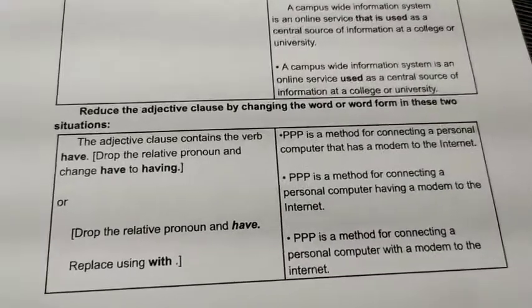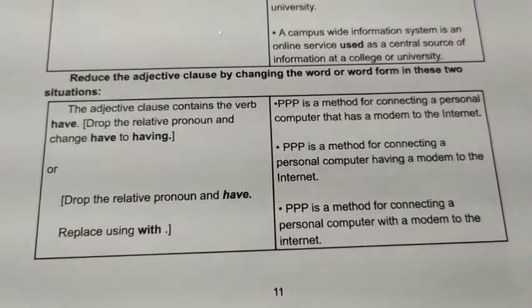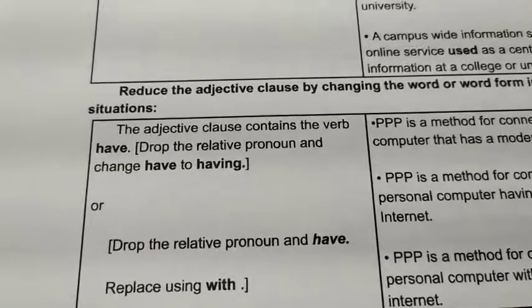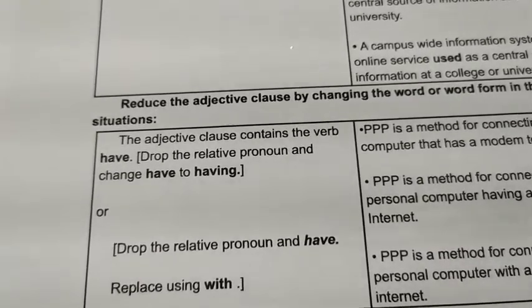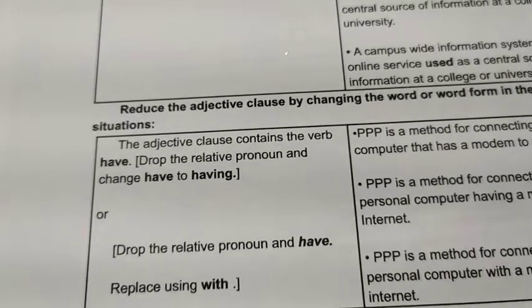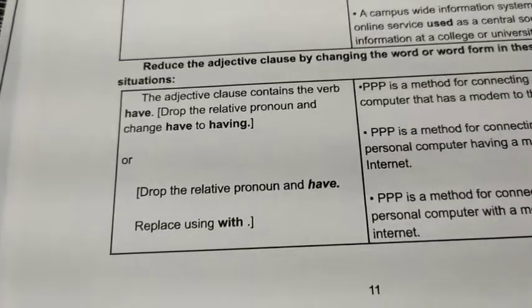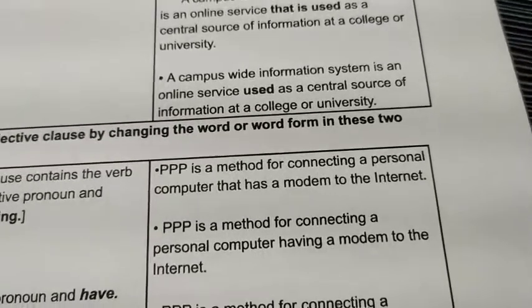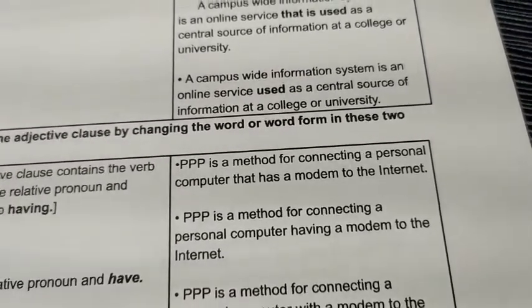You can also reduce the adjective clause by changing the word or word form in these two situations. If the adjective clause contains the verb have, drop the relative pronoun and change have to having. For example, "PPP is a method of connecting a personal computer that has a modem to the internet."